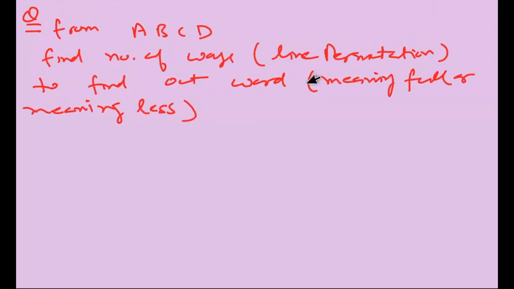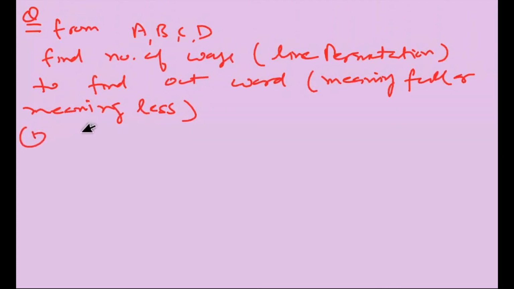When you are finding the number of ways, whether it is meaningful or meaningless, you should not think about this. You have to find only the number of ways. Okay, so using these 4 letters A, B, C, D, find the number of ways.